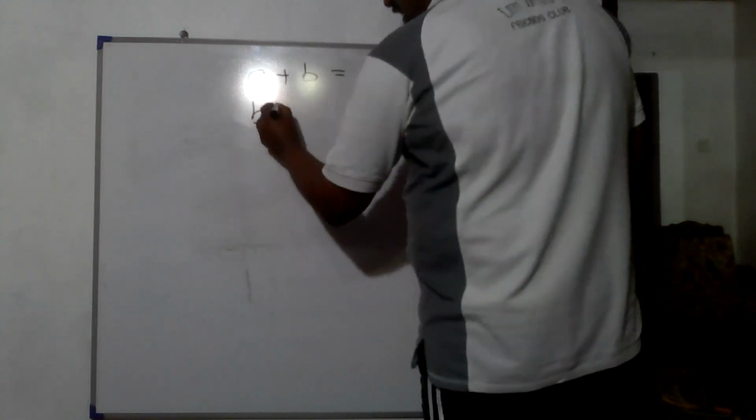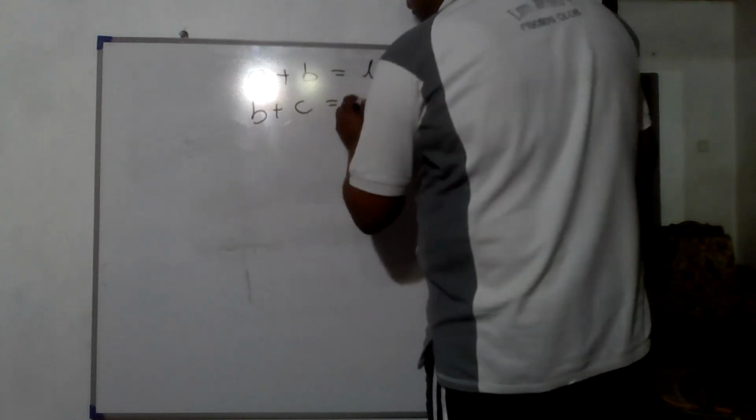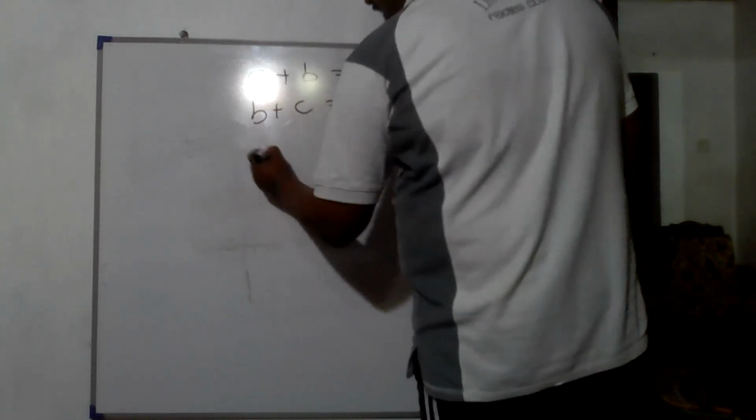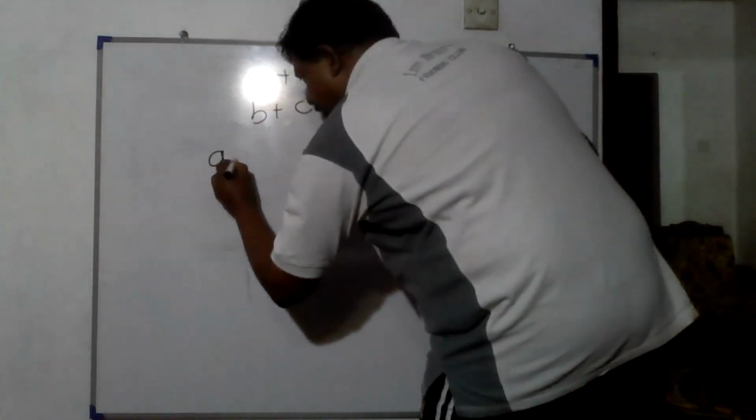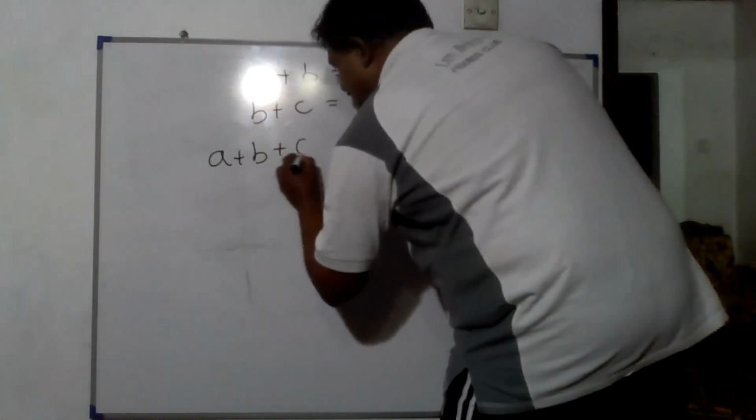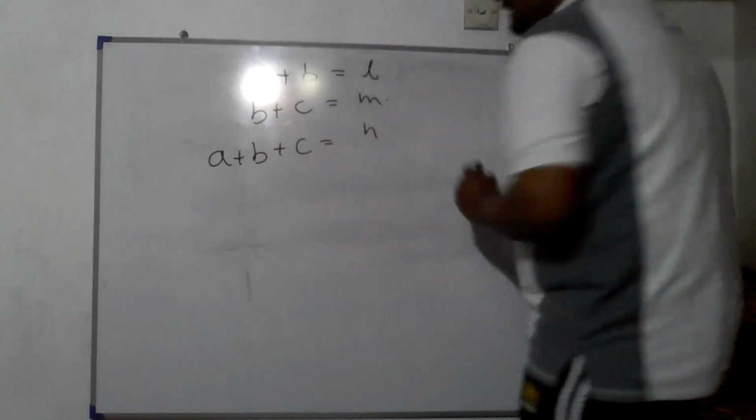Then B plus C equals M. Then A plus B plus C equals N, right?